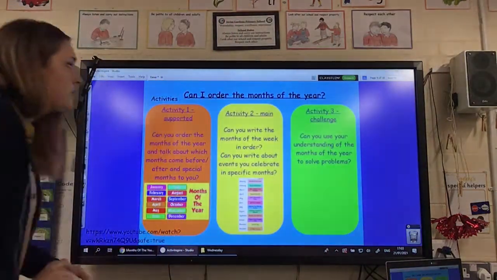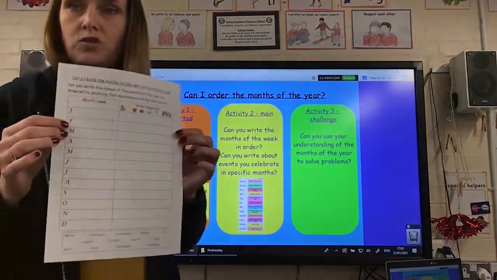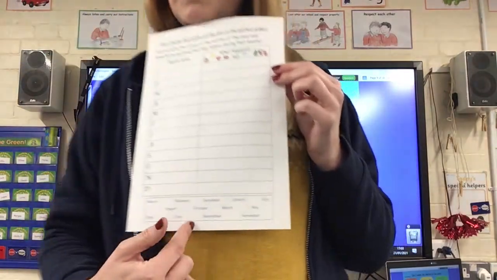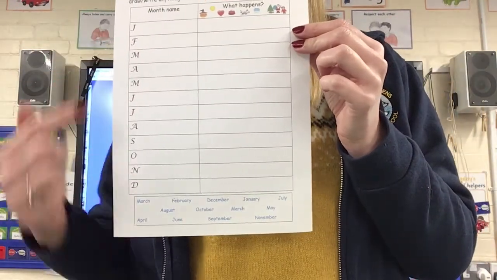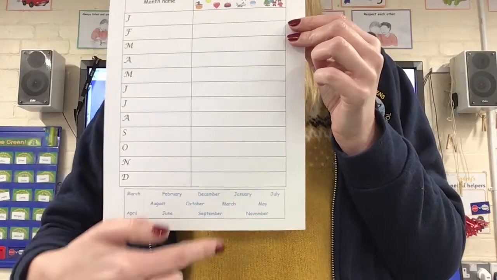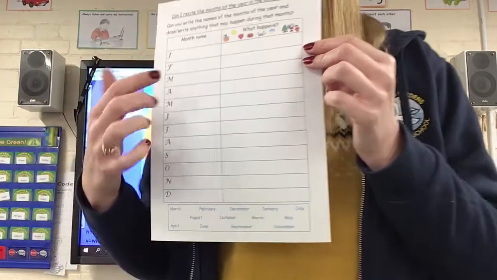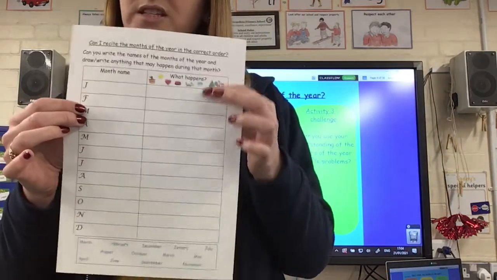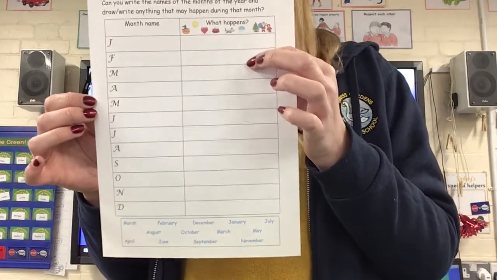Then our main activity for today is to order the months of the year. So you've got them all written at the bottom here. And the first letter is written for you, so you can have a go at copying to accurately spell them here. And then on this side, it asks you what happens at that time of the year.